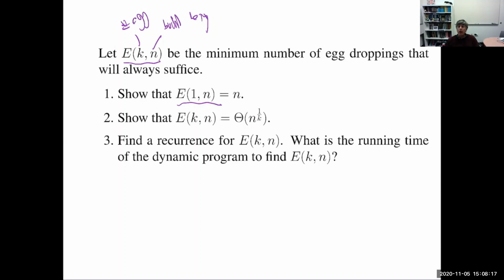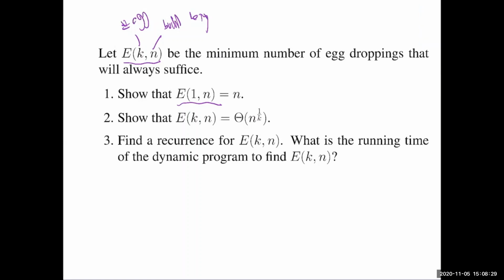When you've got one egg in an n-story building, how many drops does it take to find the transition point, the critical floor? You start to drop it from the first floor and it doesn't break. Second floor, it doesn't break. And you can keep picking the egg up each time. So then at the floor that it does break, you know.